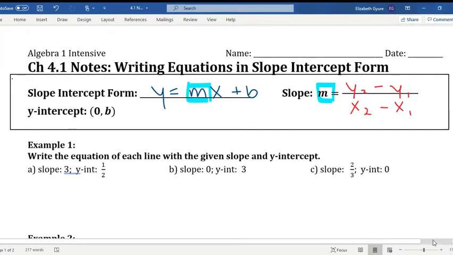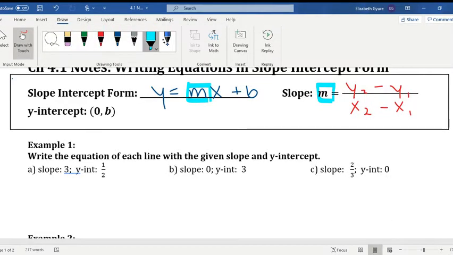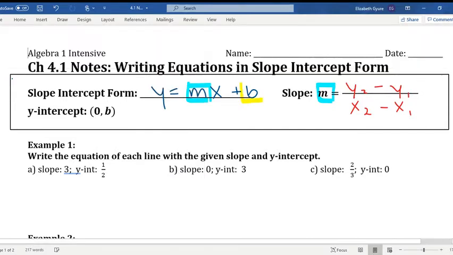That was the formula we used. And then remember b, your b value was your y-intercept, which you write as a point, 0, comma, and then whatever that number is.